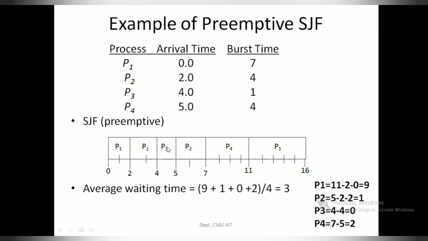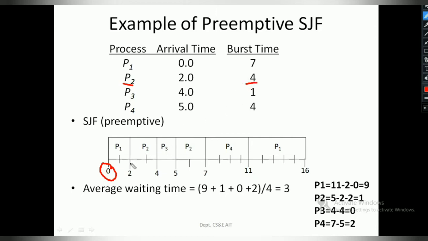At the 0th interval of time, I don't have any other process in the system except P1. Because P1 is the only process available on the system, I immediately assign it to the CPU. After 2 intervals of time, process P2 arrives, which has the burst time 4.